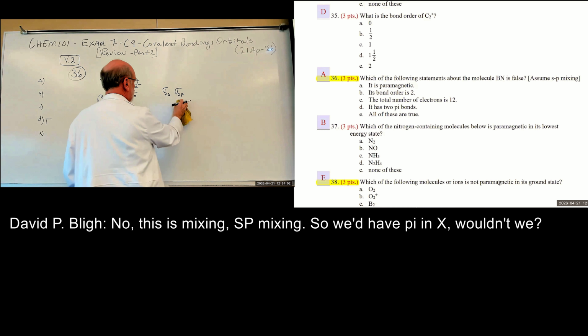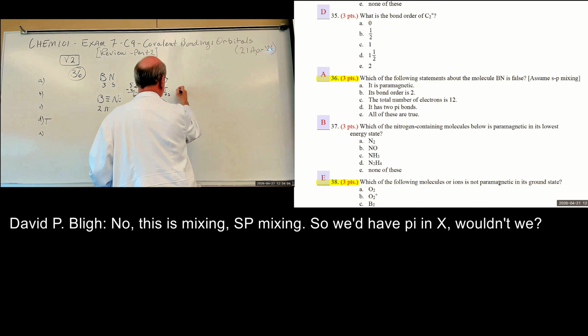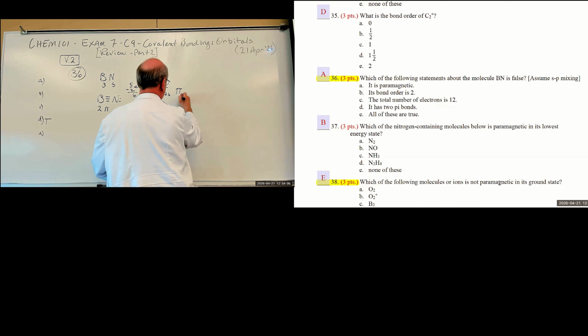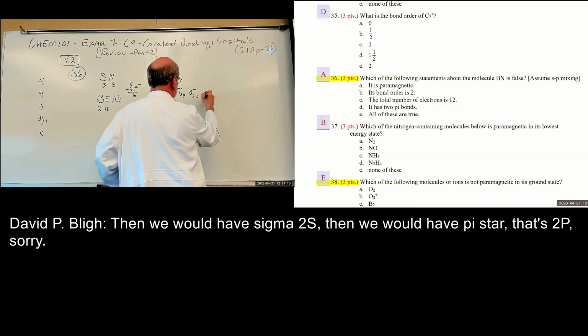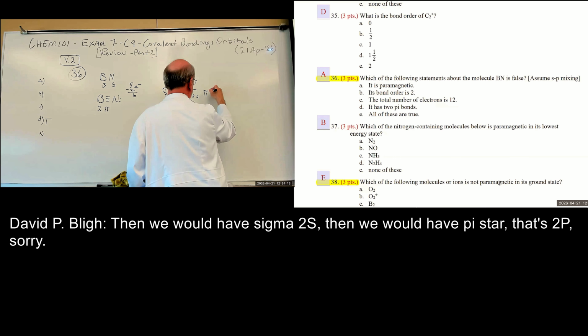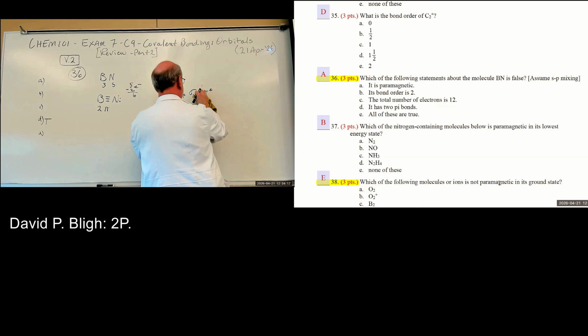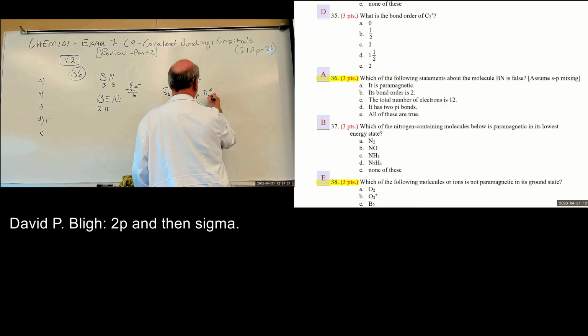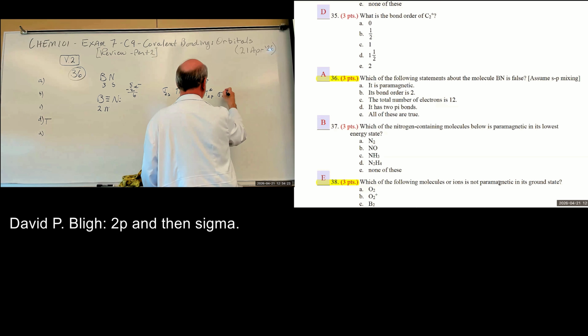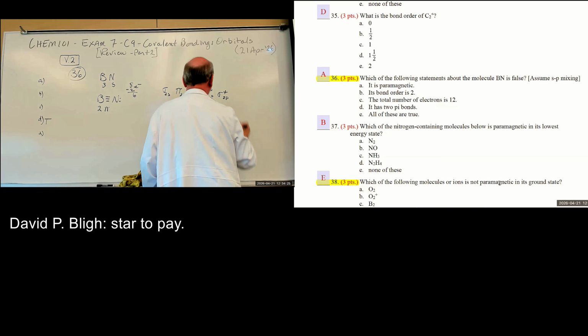Now this is mixing, sp mixing. So we'd have pi next, wouldn't we? And then we would have sigma 2s. Then we would have pi star 2p, sorry, 2p. Get my brain in order today. 2p and then sigma star 2p.